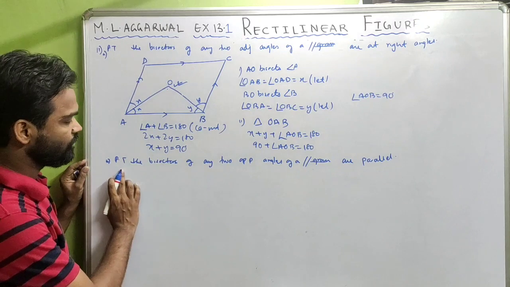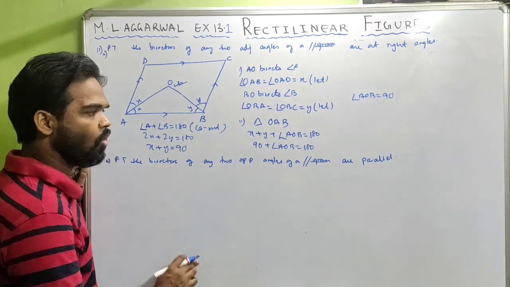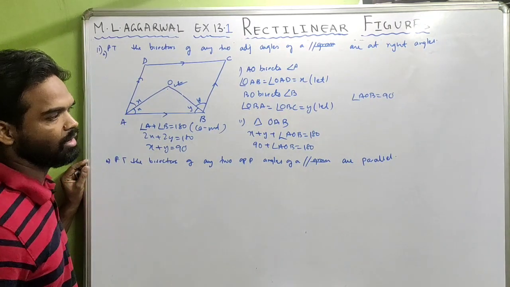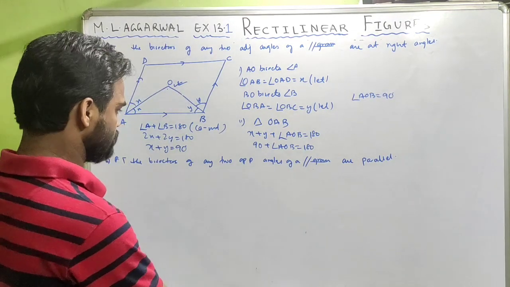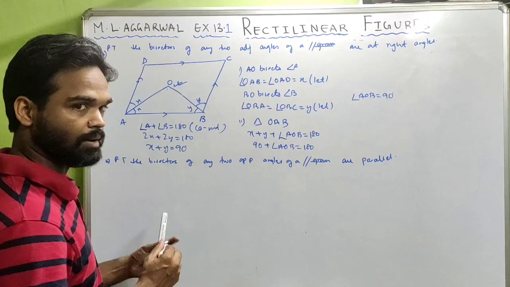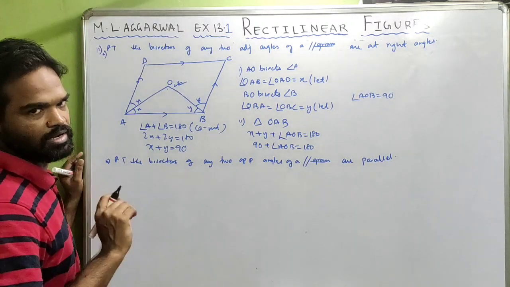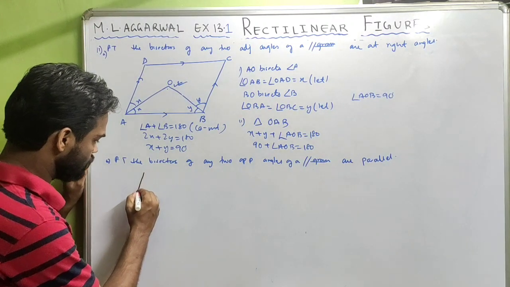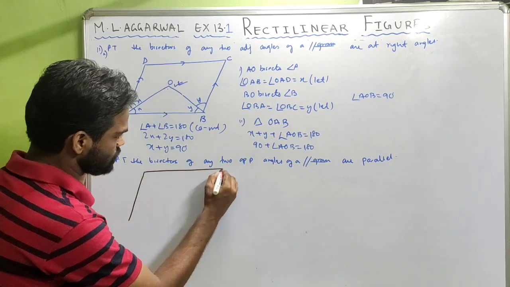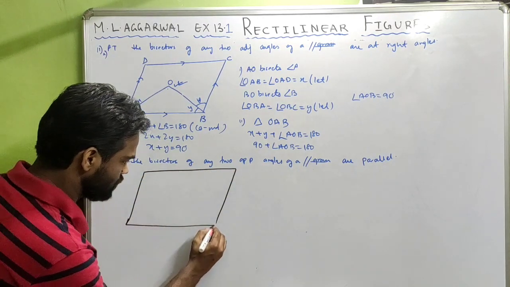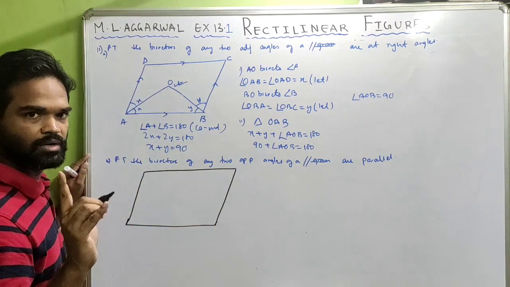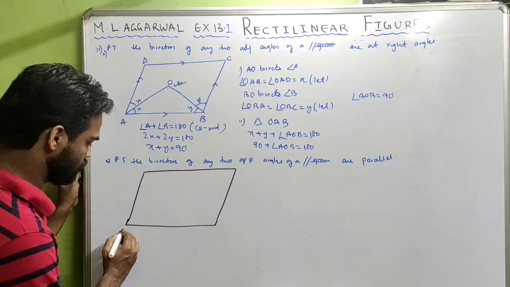Okay. Now look at part B. Very important. Prove that the bisectors of any two opposite angles of a parallelogram are parallel to each other. Which means if I draw the diagram, just look over here. What do we need to do in this sum? That thing has to be clarified. Suppose this is your parallelogram. Diagram is very important. If you get the diagram wrong, you won't be able to do the sum.